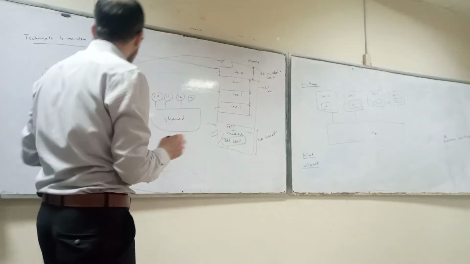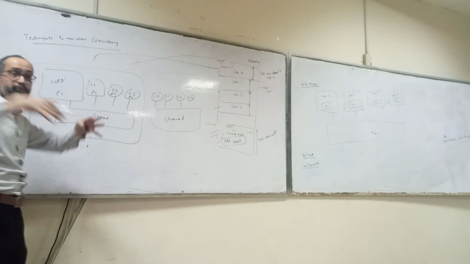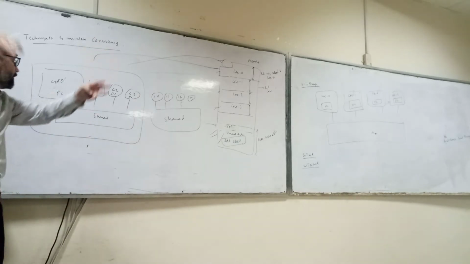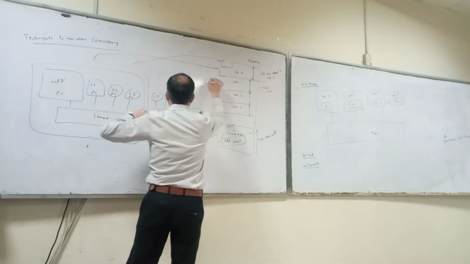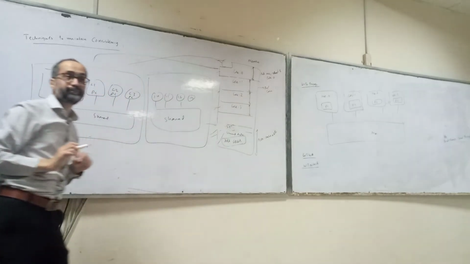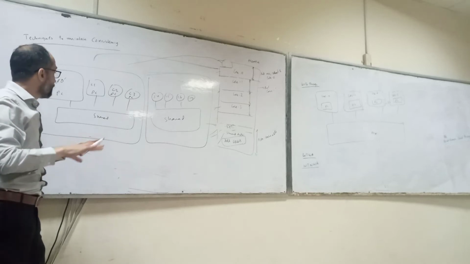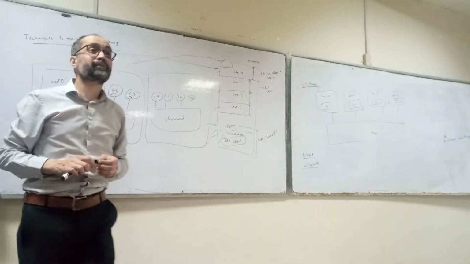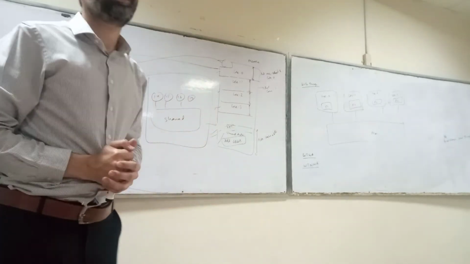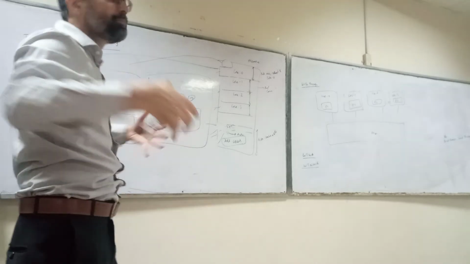This can also be like this, where we have some clusters. Now, if you have a single shared cache, will the system be more complex or simple? It will be more complex. So you can also do some clustering.